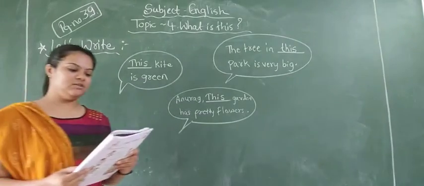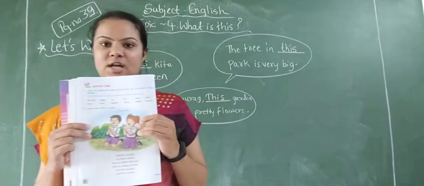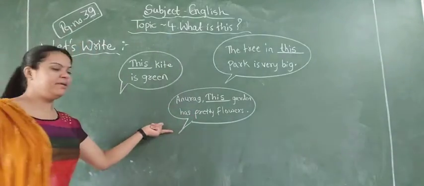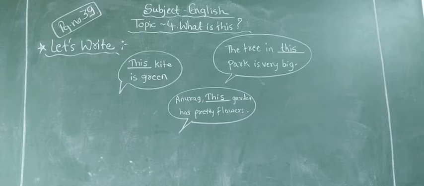Then after that, dear students, there is an activity time on page number 40. Before that, complete this, dear students, on page number 39. You have to write this on all the blanks given.